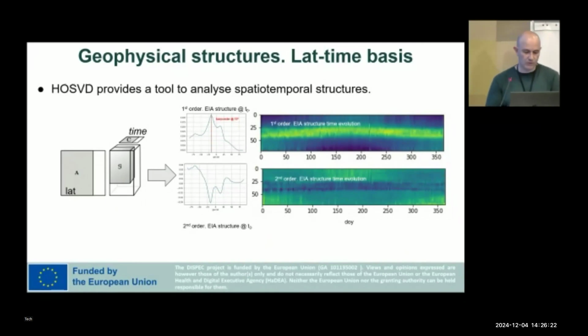The first plot actually is a profile, the variation of the equatorial anomaly or the electron content along latitude. When you do the products with the time vectors, basically what you get is the evolution of this profile, which is the plot on the image on the top.